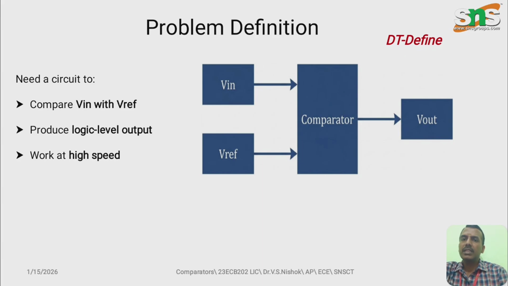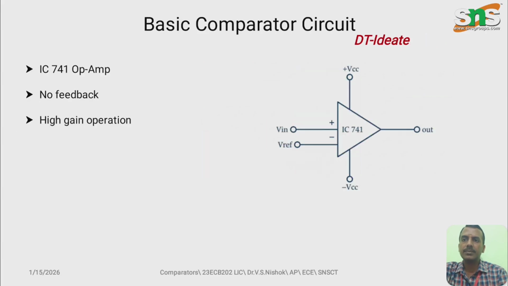Here, in order to compare the analog input signal from the sensor with the reference signal and obtain the output in digitalized, that is binary level, it can be obtained with the help of this operational amplifier by connecting it in the open loop configuration, which will perform its function in a high speed and reliable condition.